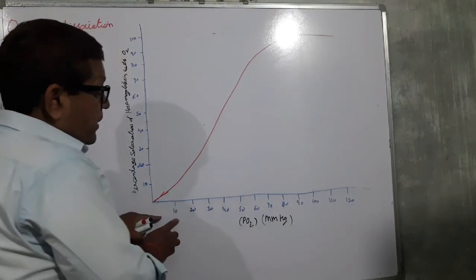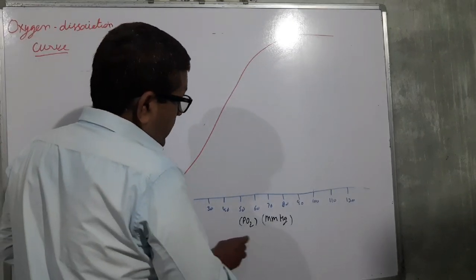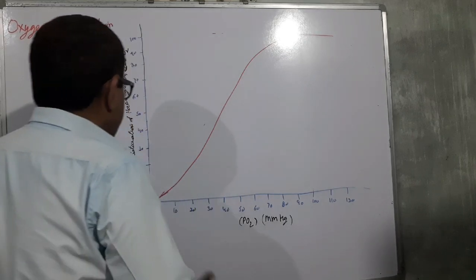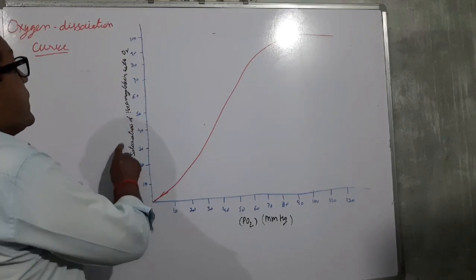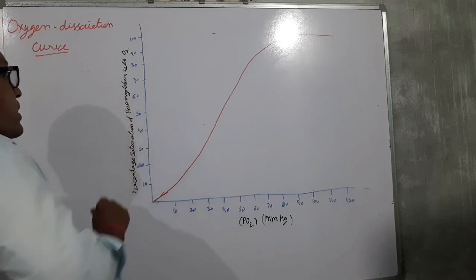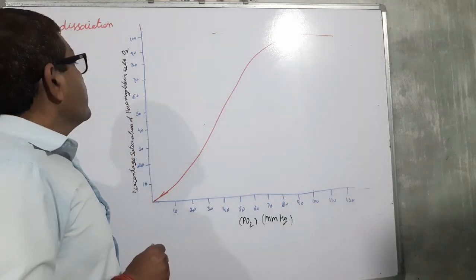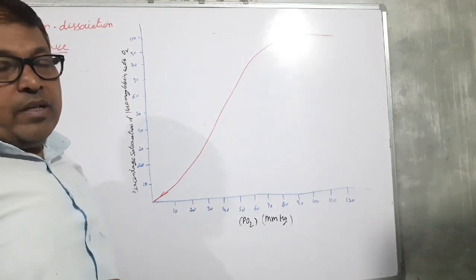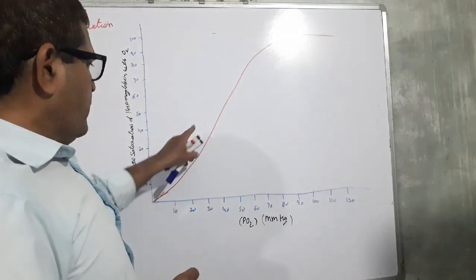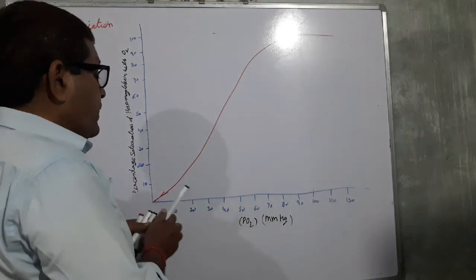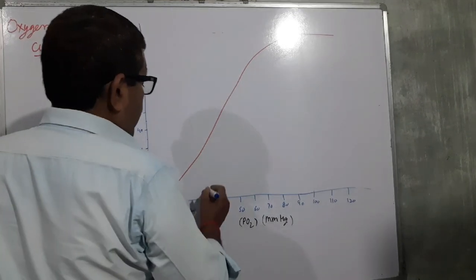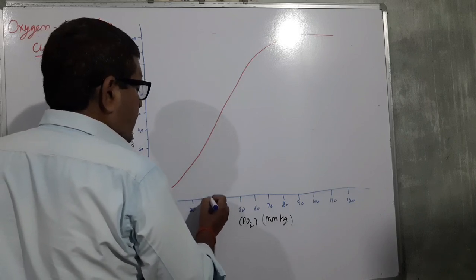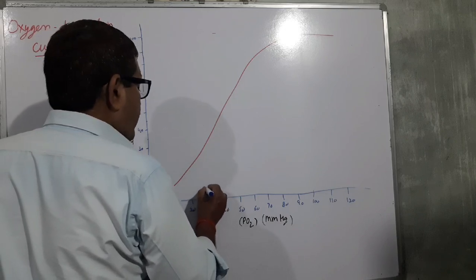As partial pressure of oxygen increases, gradually the percentage saturation of hemoglobin molecules with oxygen also increases. Suppose we look at the graph again: the partial pressure of oxygen is 30 mm of Hg.